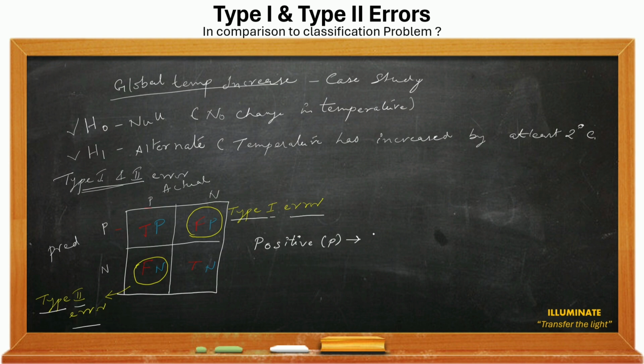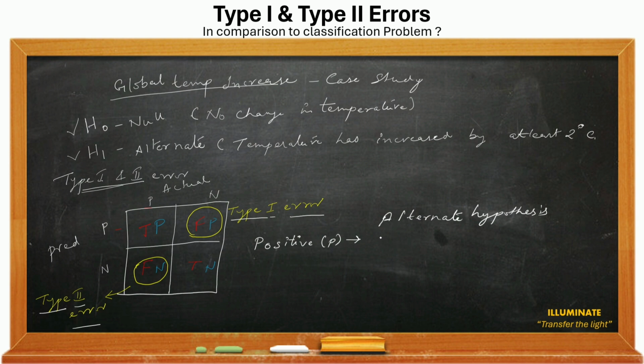The positive outcome here is nothing but this: the scientist or the data analyst who is performing the test has set a hypothesis. That is nothing but the alternate hypothesis. Always what we set is our alternate hypothesis, right? Null hypothesis says there is no change as such.